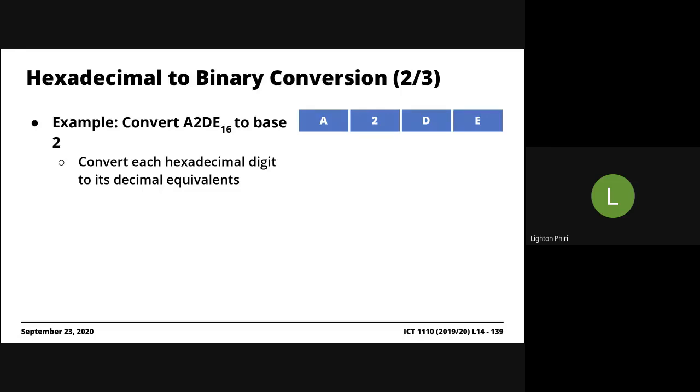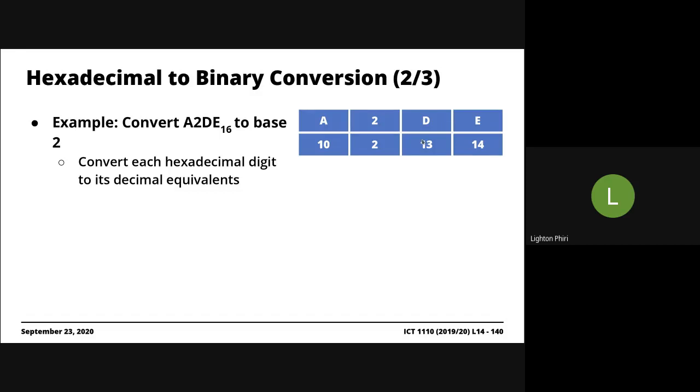A is 10, 2 is 2, D is 13, E is 14. And then the third step is you convert these decimal symbols into their equivalent binary numbers.